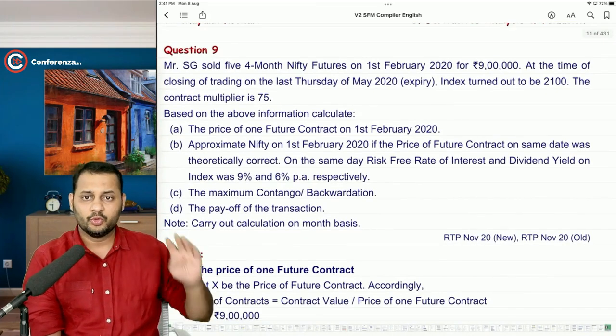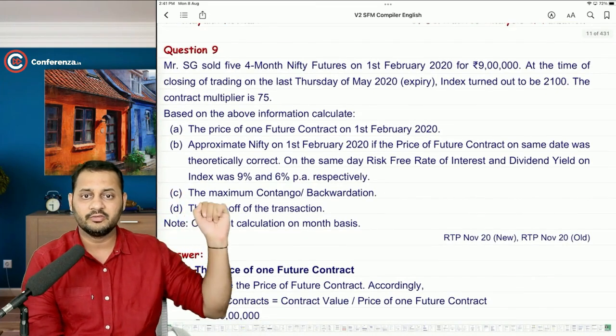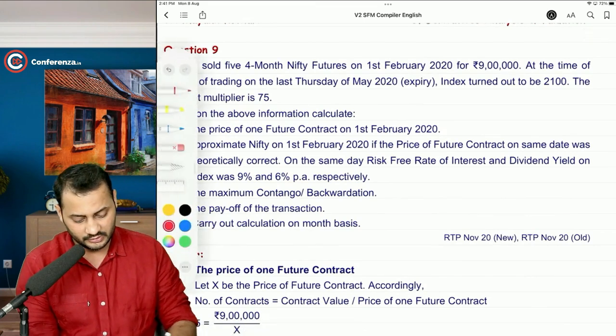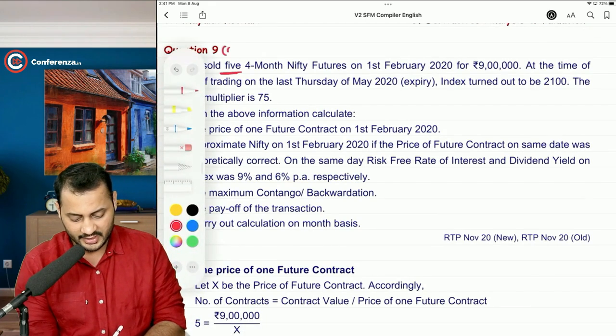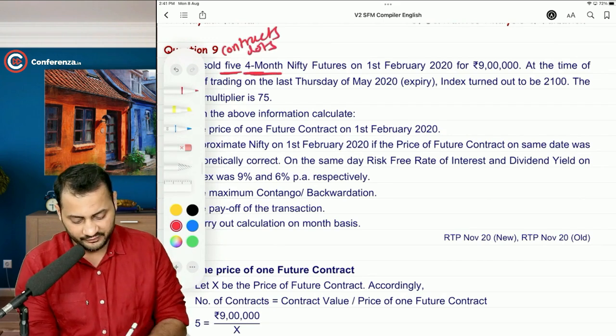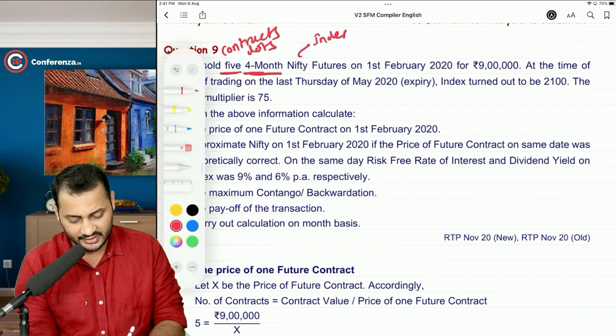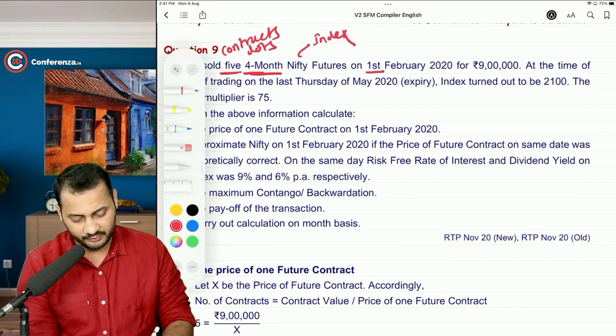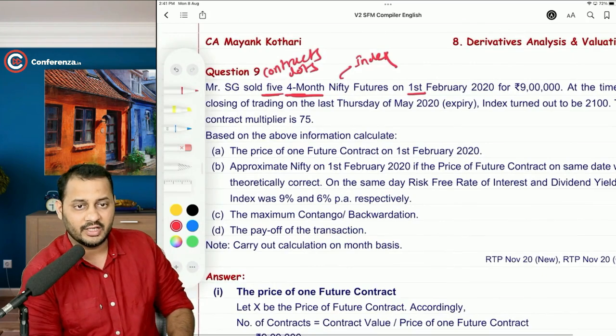Mr. SG sold 5 4-month Nifty futures contract. Now, 5 contracts, or we can say lots. The expiry is 4 month of Nifty future, which is called as index future, on 1st February 2020 for 9 lakh rupees.